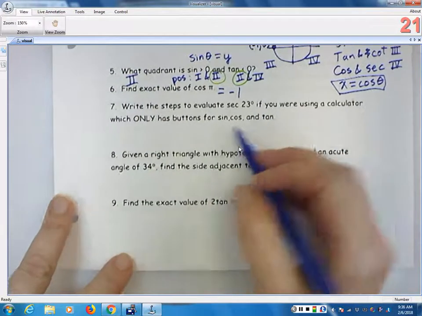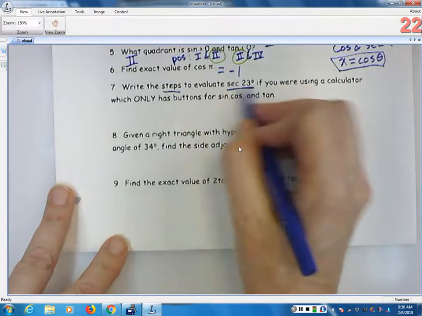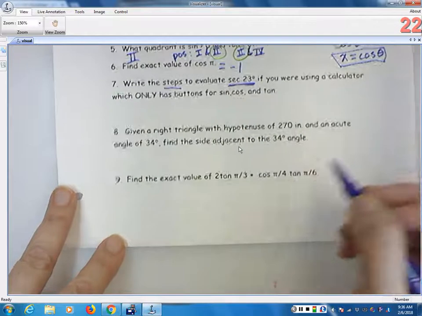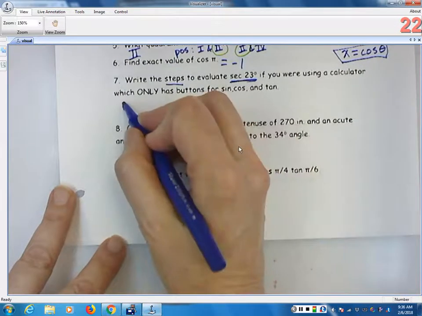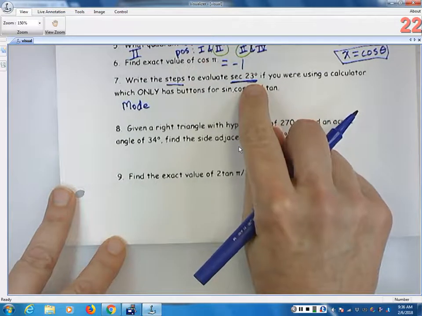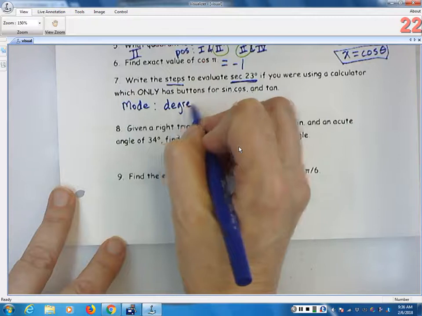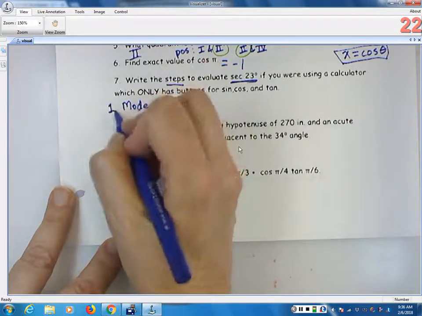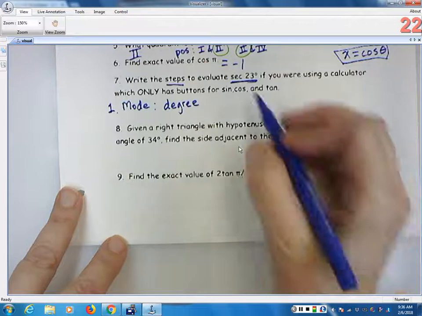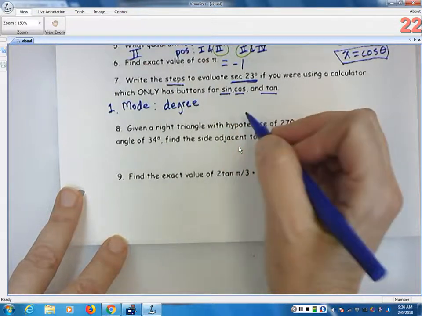And then you need to be able to, on the non-calculator part, write the steps to evaluate stuff like this. So, the steps. First off, what mode do you need the calculator in to do this? It's degrees. So you're going to write down degree mode. Our calculator only has these 3 functions.